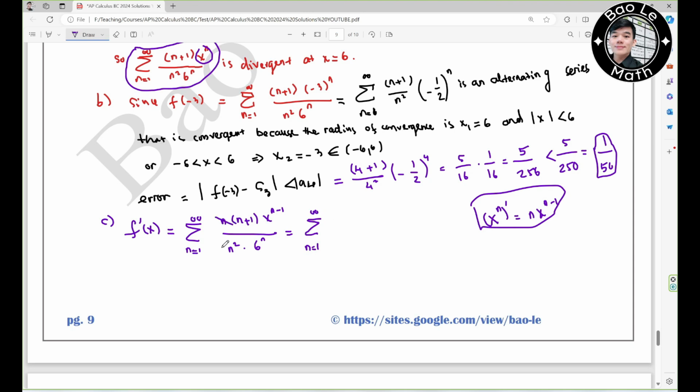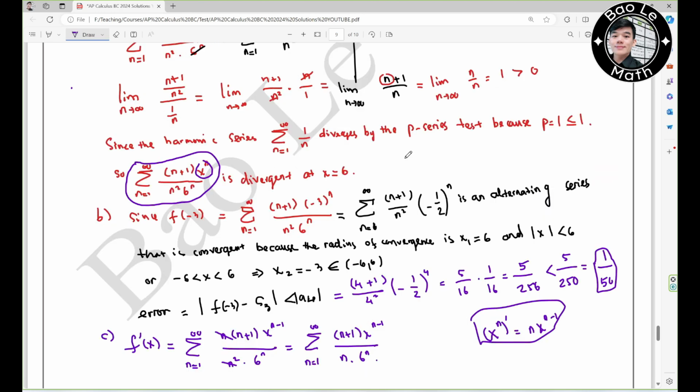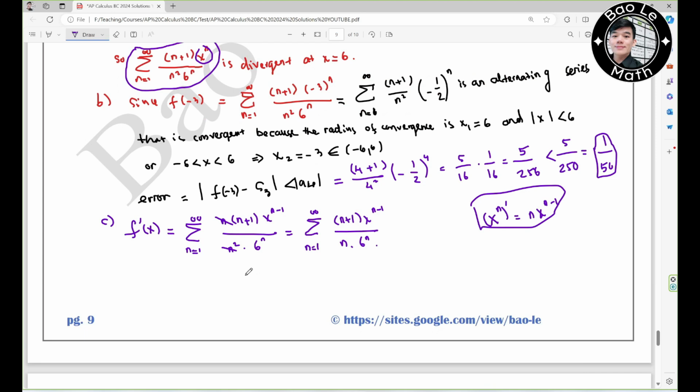Right, n and n squared right here we cancel out, so it's going to be n plus 1 times s to the n minus 1 over n times 6 to the n. Alright, now since the original function right here has the radius of 6, its derivative must have the same radius of convergence, which is s equals 6.